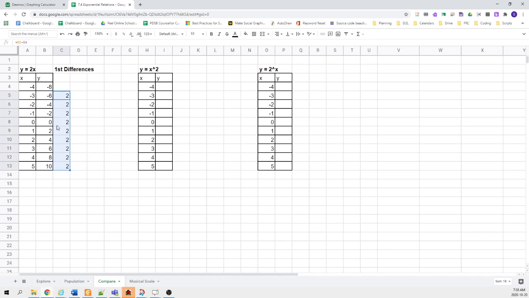We see that the first differences are all equal. That tells us that this is linear.